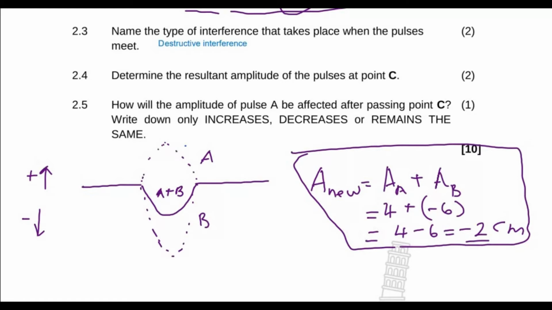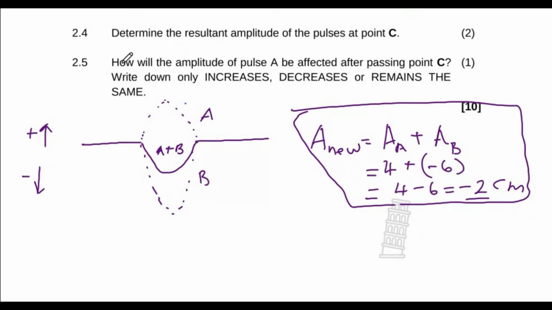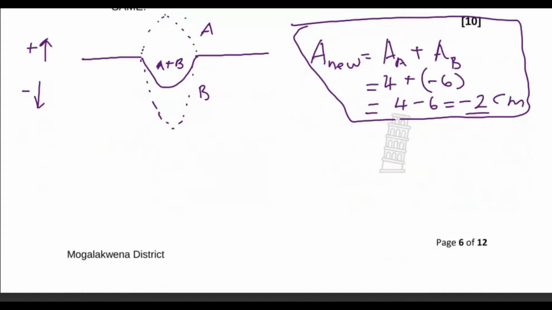Now question 2.5. How will the amplitude of pulse A be affected after passing point C? Write down only increases, decreases, or remains the same. With superposition, we have a pulse A and a pulse B, going towards each other.